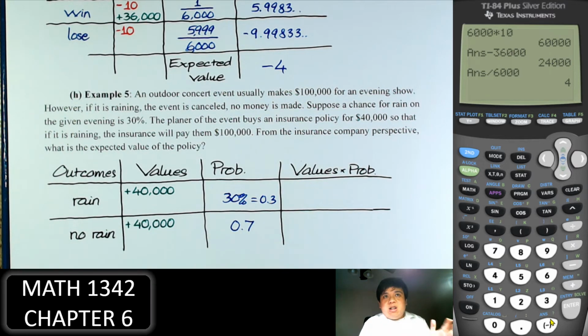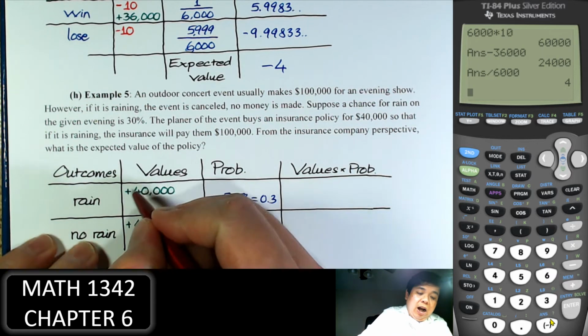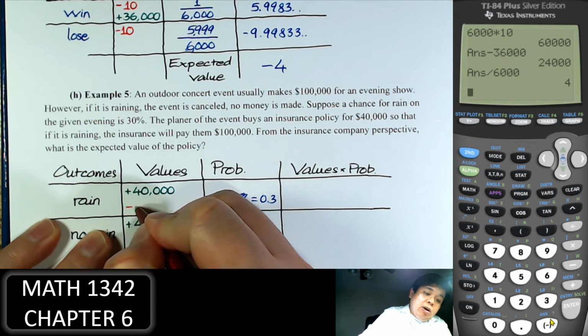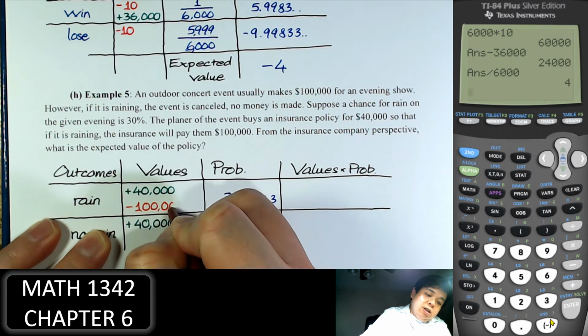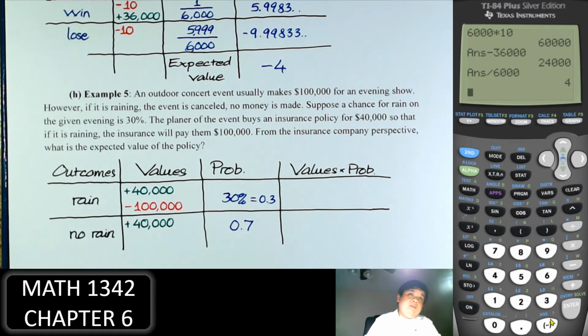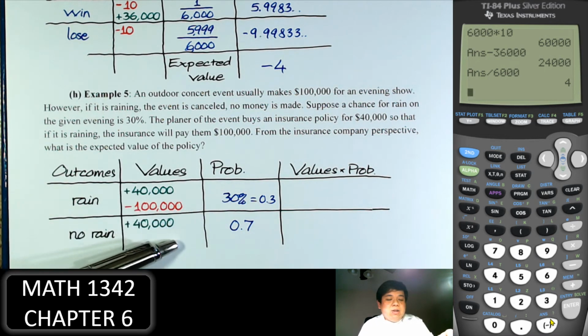That's what the company will gain. However, if it rains, the company has to pay back $100,000. And if it's not raining, the company doesn't have to do anything. So those are the values and probabilities.